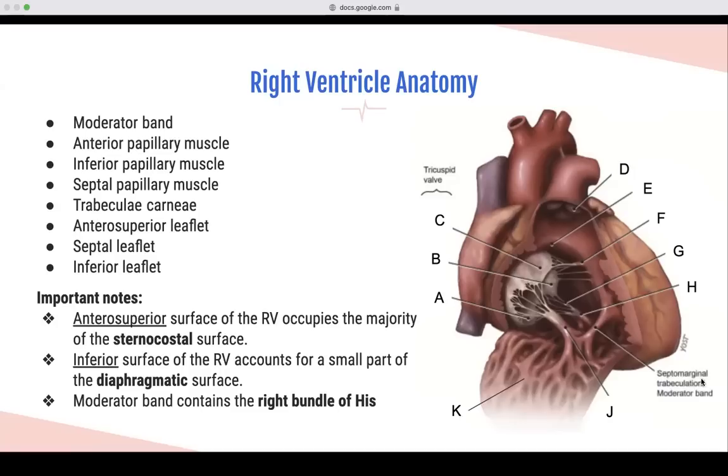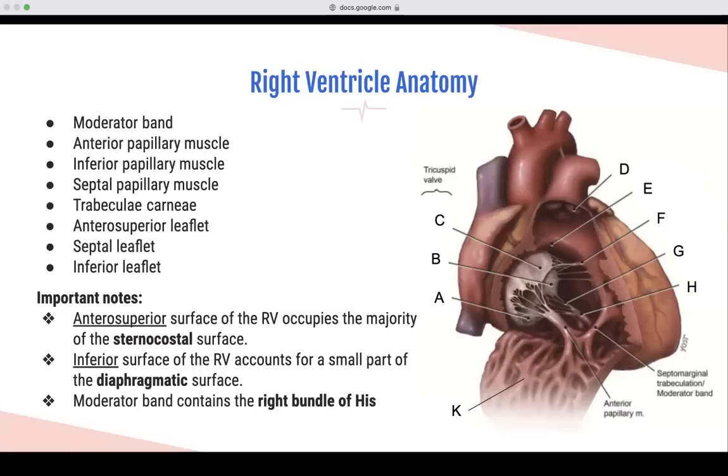Or the septomarginal band, okay? Where's the anterior papillary muscle? It's J. J. Oh, okay, yes. Anterior papillary. That means posterior papillary muscle.